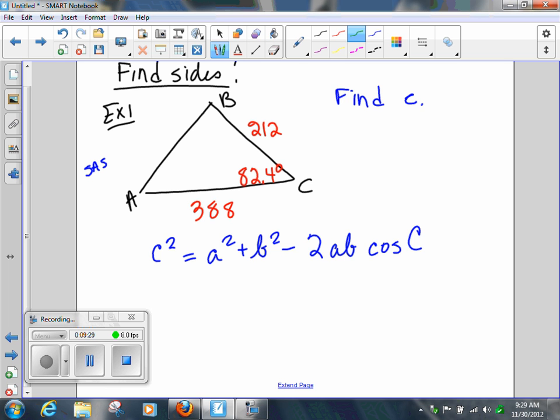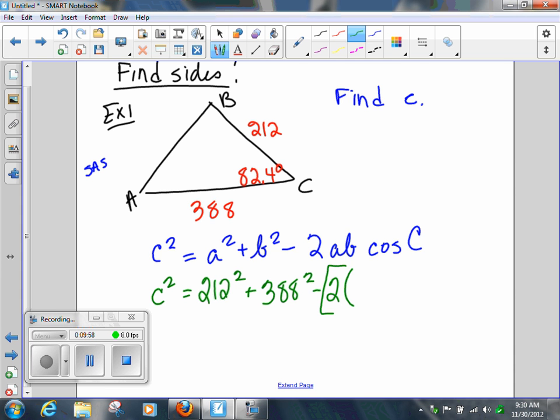What is side A? Big numbers here. 212 squared. B squared is going to be 388 squared. Do you guys agree with that? Times. Now, folks, I'm going to tell you right now, if you don't put minus a quantity, you're going to end up making a careless mistake, and I do not want you to, okay? Please, please, please put this bracket here.